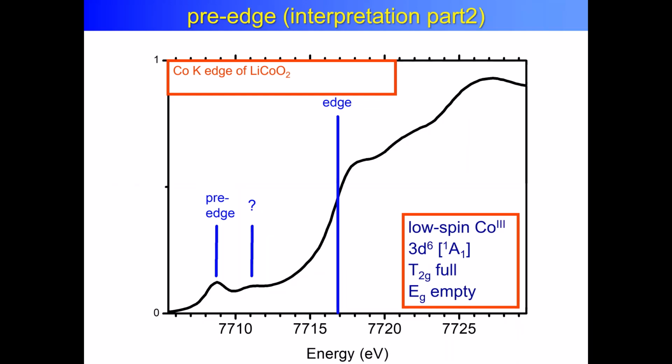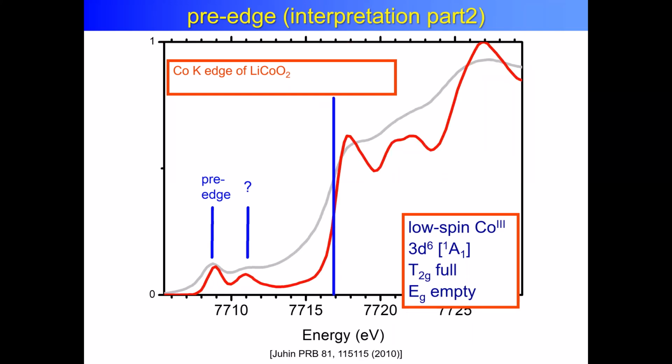Pre-edge, then you see the edge at 7717. But there is something after the pre-edge, which is indicated with a question mark. If you do HERFD, it's not a question mark, but it's really a very clear peak. So you see your pre-edge, you see an unknown peak, and then you see your edge. So the question is, what is this question mark?